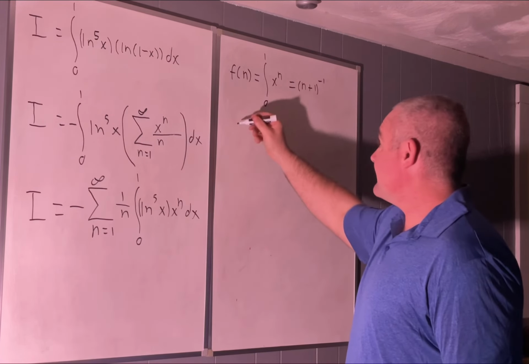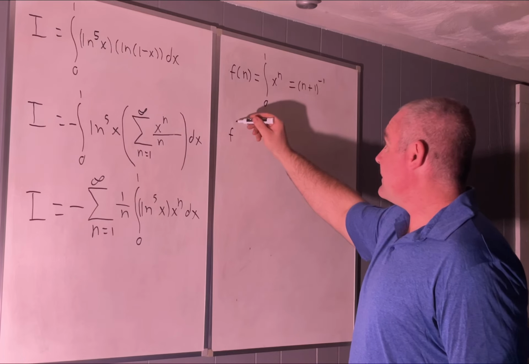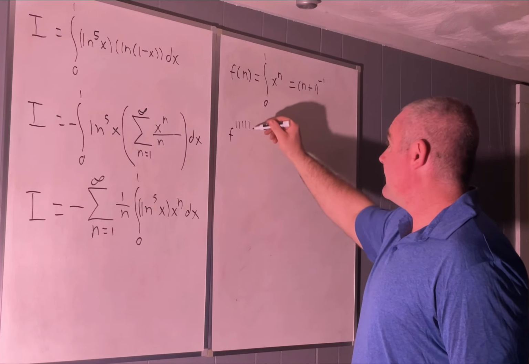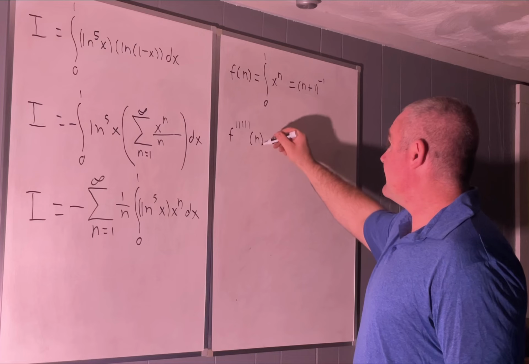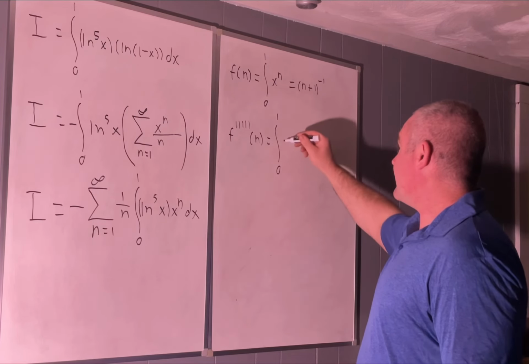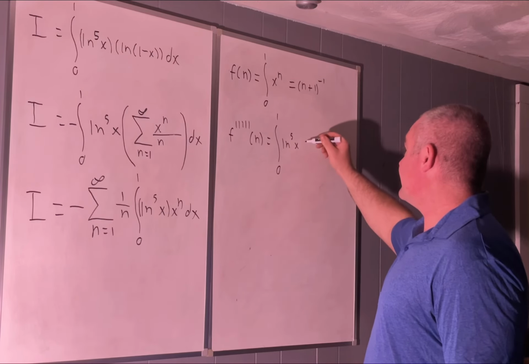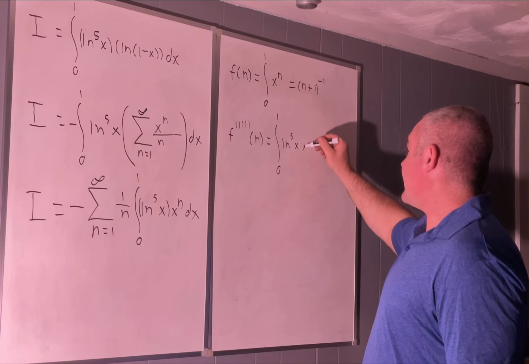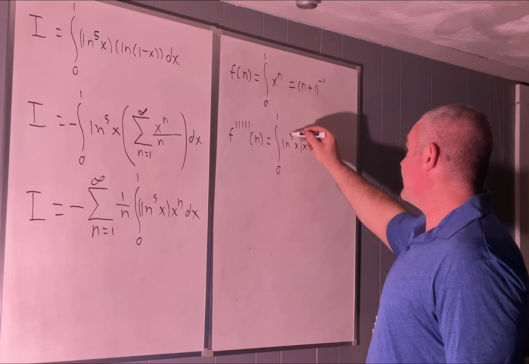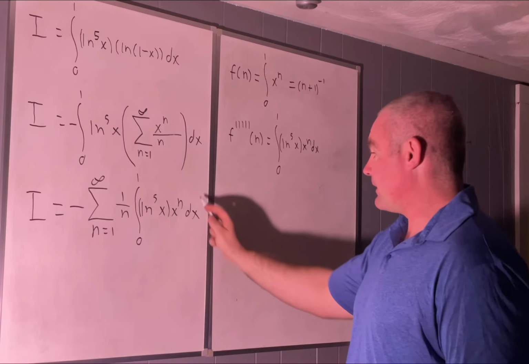Because if we take 5 derivatives of this, in other words, f quintuple prime of n, we'll get the integral from 0 to 1 of natural log to the 5th of x times x to the n dx, which is exactly what we wanted here.